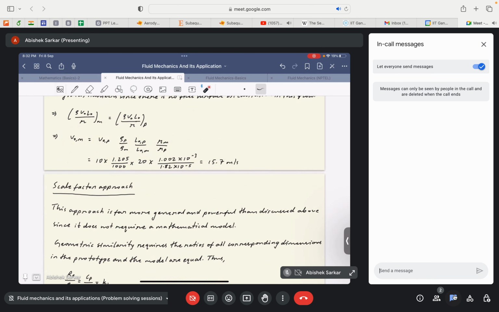But you clearly see, since the length scale changes by the order of 20, the velocity scale will also change by the order of 200, right? Since these two terms will multiply with each other, we'll see that the velocity of the model should actually be 200 meters per second.